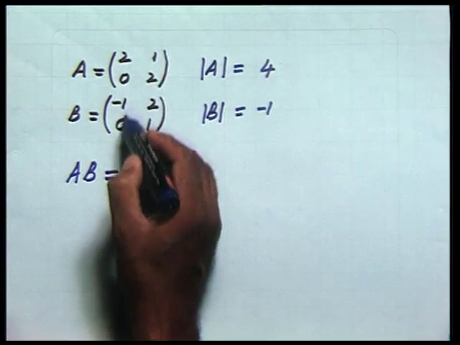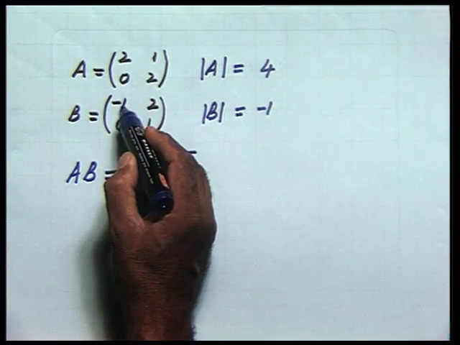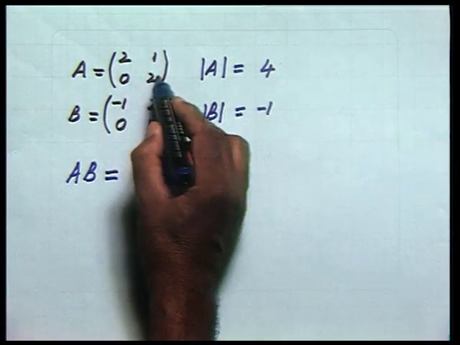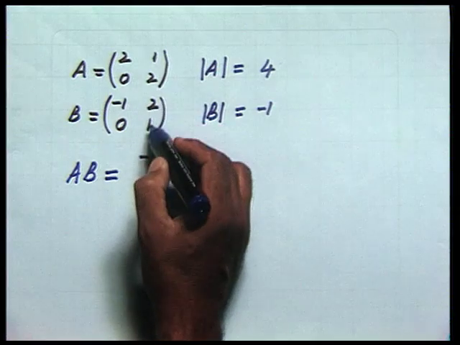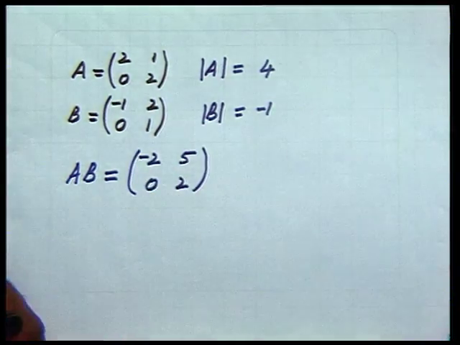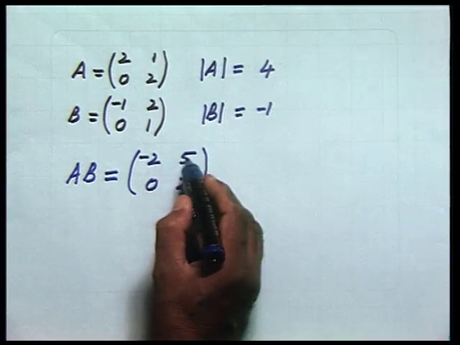Second row, first column: 0 times this is 0, 2 times 0 is 0, so this is 0. 0 times 2 is 0, 2 1s are 2. So, this is 2. The product comes out to be minus 2 5, 0 2.